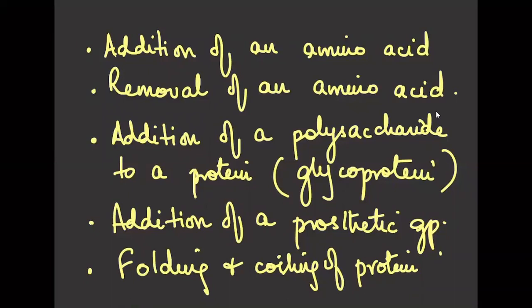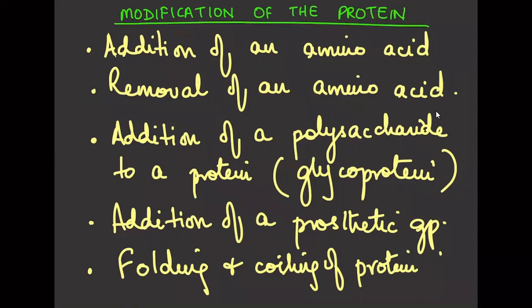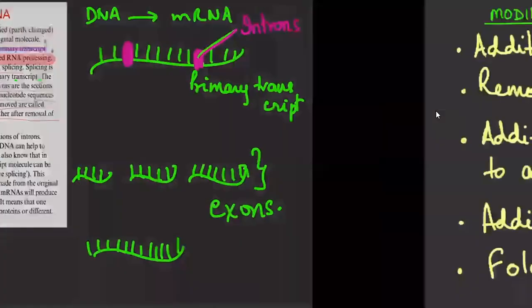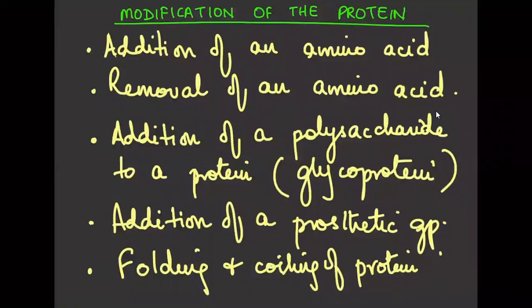We make a heading. Modification of mRNA, and this is modification of protein. In other words, I can call this post transcriptional modification, and this would be post translational modification.